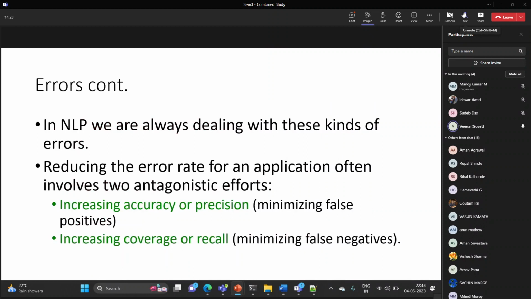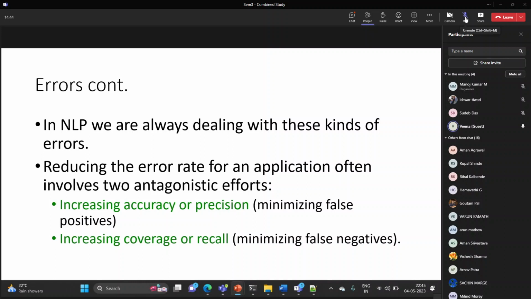There are two issues with this kind of analysis. One is that we will get some false positives, and there can be some false negatives. In order to increase the accuracy or precision, we need to minimize false positives.